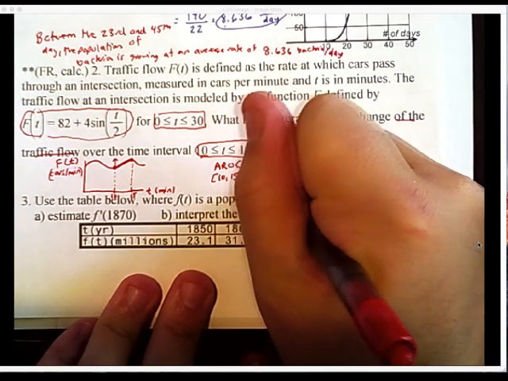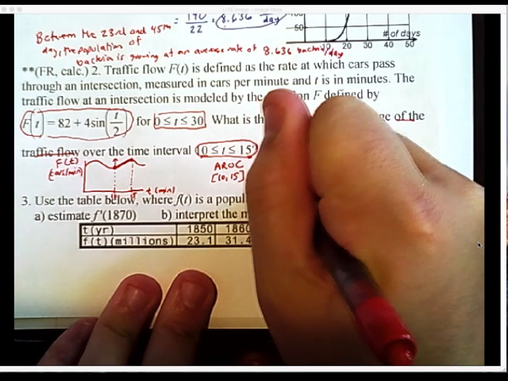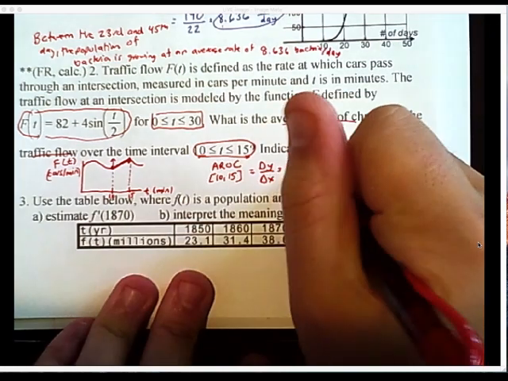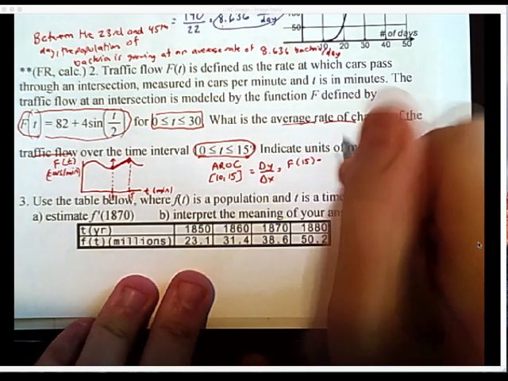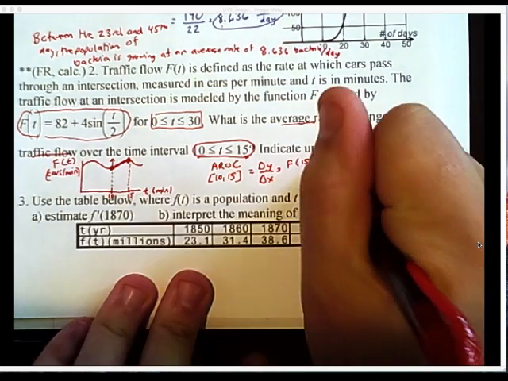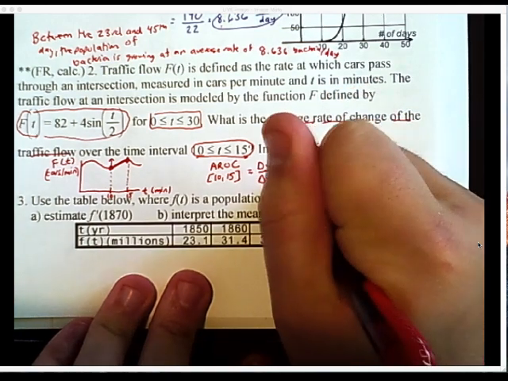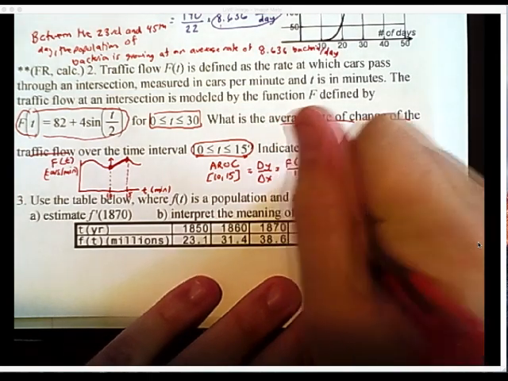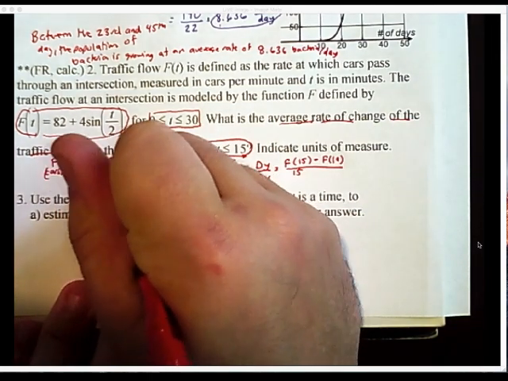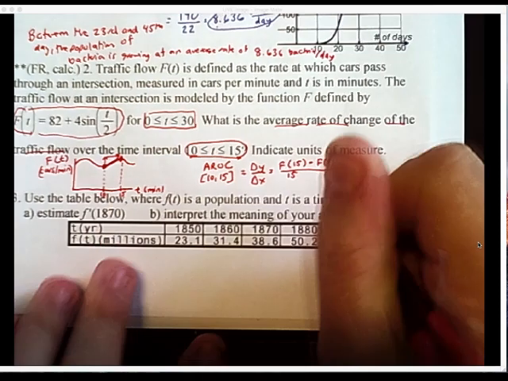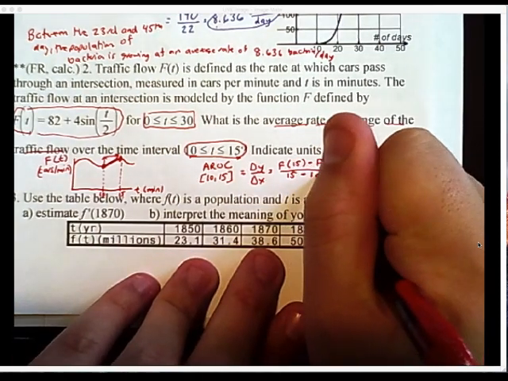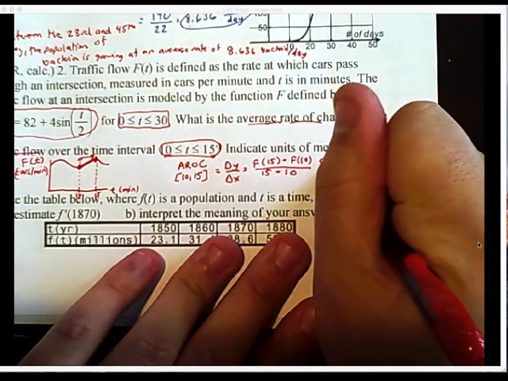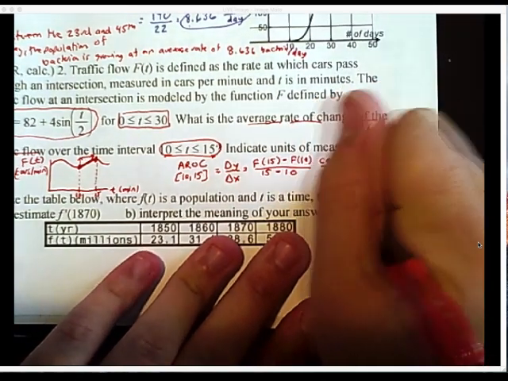So it's delta y over delta x. That's going to be this y value, which we can call f of 15, minus that y value, which we can call f of 10, over the change in x. I'm going from 10 to 15, so I just do 15 minus 10. And the units of the y is cars per minute, and the units of x is minutes.